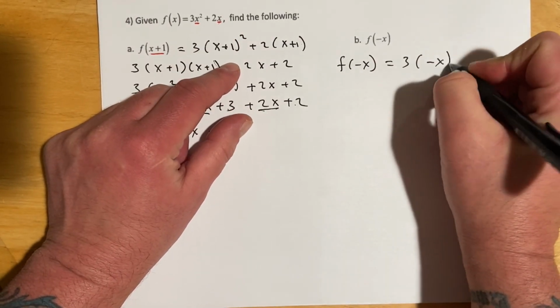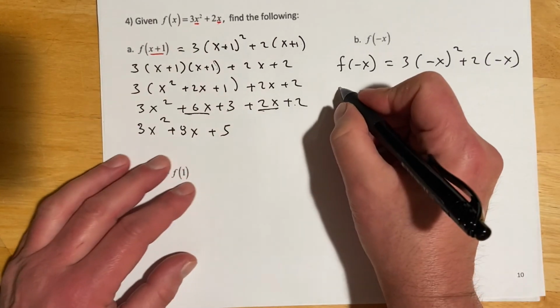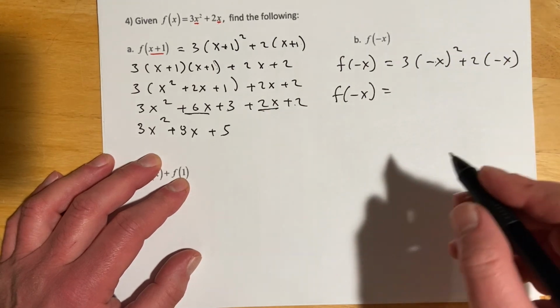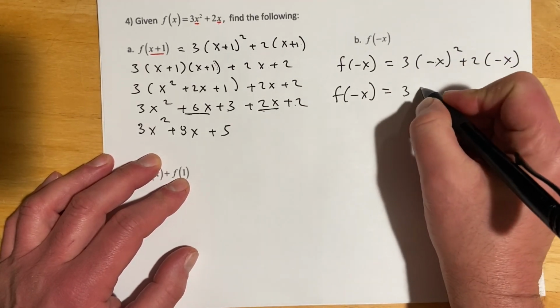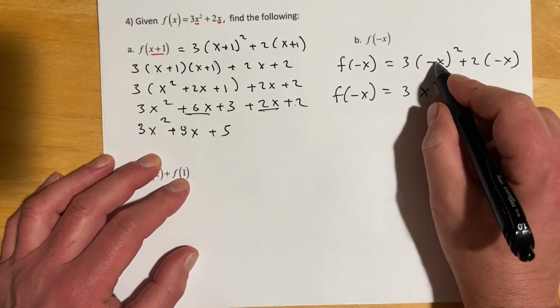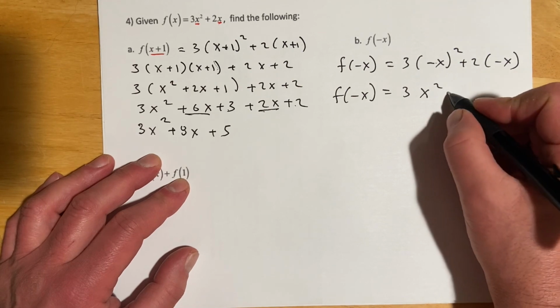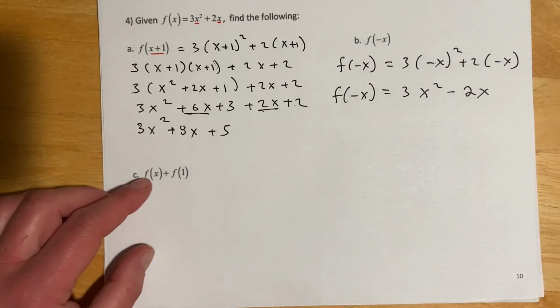So negative x quantity squared plus 2 and negative x. So negative x times negative x would make positive x squared, and then the 3 is still in front, so 3x squared, but there's 2 signs there, so the double negative makes positive. Here there's just 1 sign, so then that flips that to negative 2x. That's it on that one.